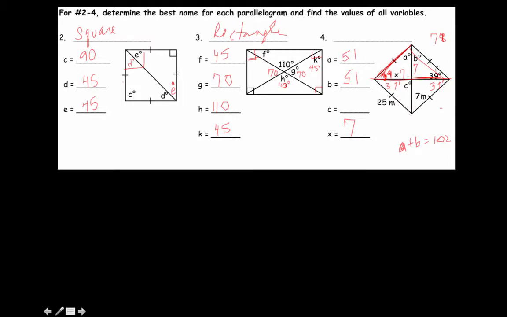And then that means this value here, which is equal to C, we've got 39 and 51 making altogether 90. So this one is 90 and this one is 90. And in fact, as I mentioned before, if it's a rhombus, then they are always 90.